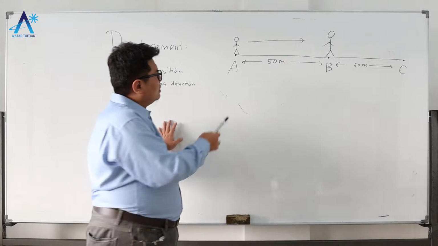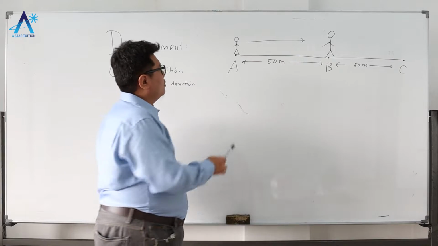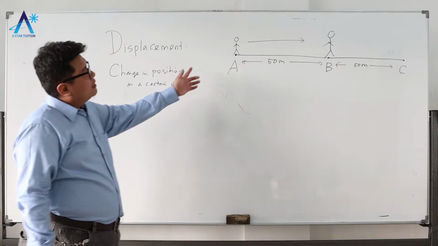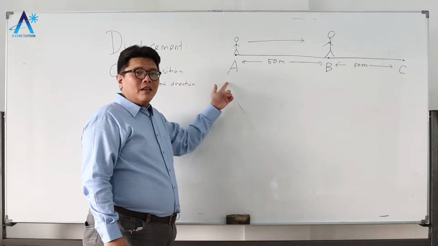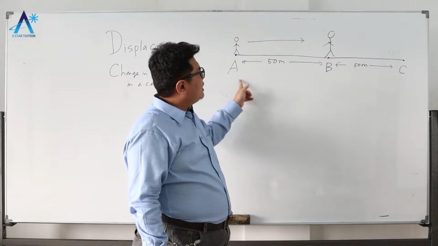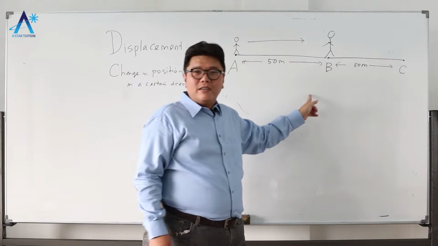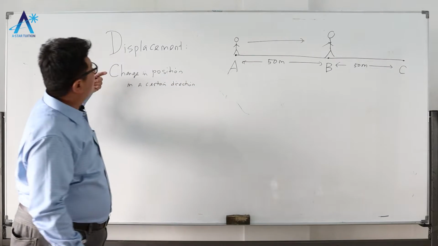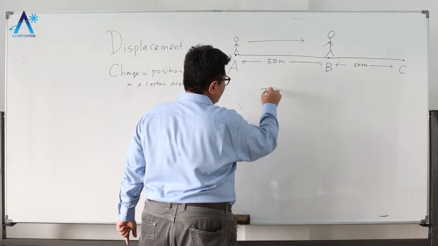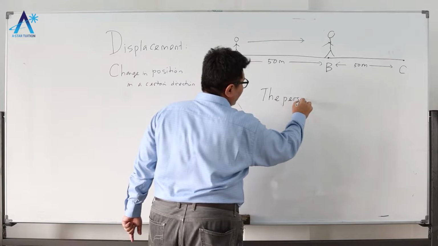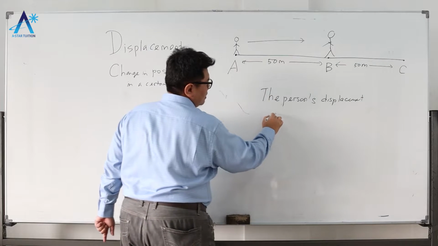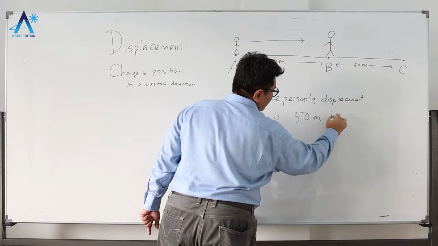The motion is sideways or horizontal, so either to the right or to the left. As you can see, the person initially is at point A, and then moved to point B, and the change in position is 50 meters. So based on this definition, the person's displacement is 50 meters to the right.